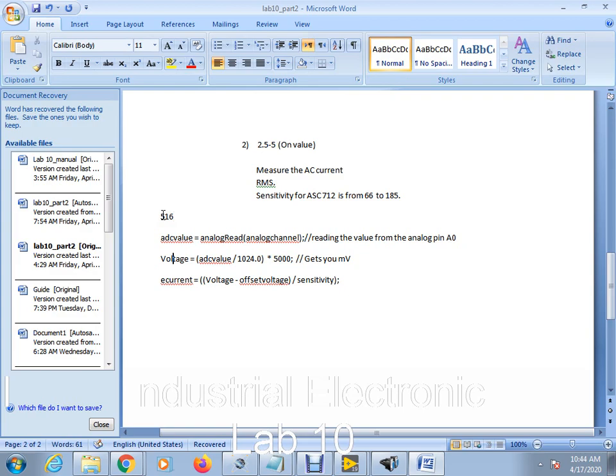So what is the voltage? The ADC value is divided by 1024. What is 1024? This 1024 is equal to 2 power 10.